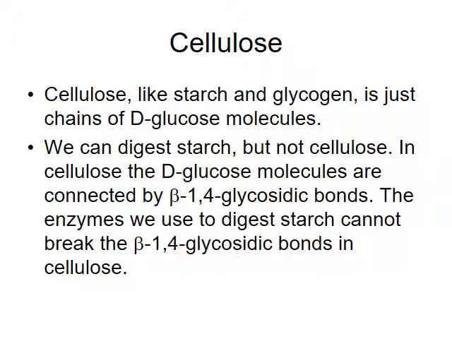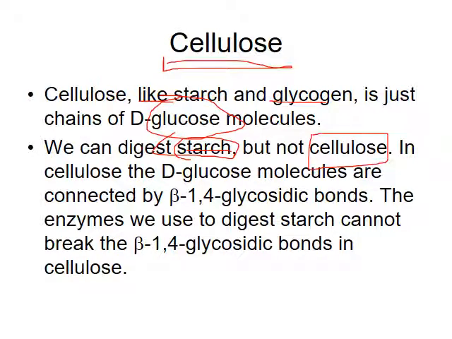Okay, finally, the last guy is cellulose. Like starch and glycogen, it's made out of glucose. We can digest starch. Our body can break apart starch. Our body can break apart glycogen. But one thing we can't do is break apart cellulose.